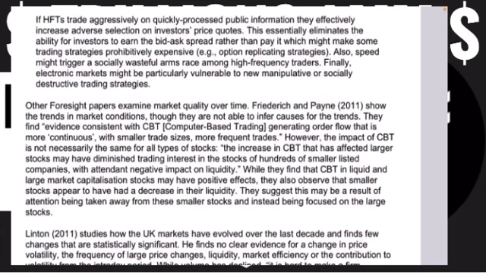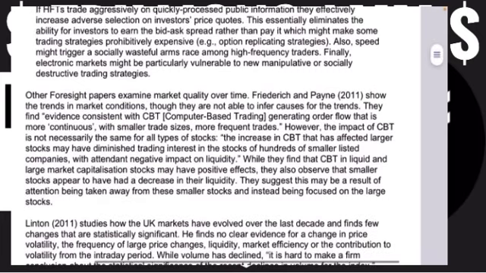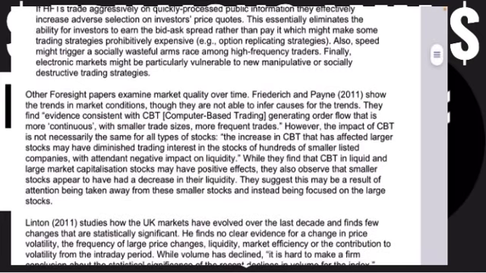However, the impact of CBT is not necessarily the same for all types of stocks. The increase of CBT that has affected larger stocks may have diminished trading interest in the stocks of hundreds of smaller listed companies, with attendant negative impact on liquidity.